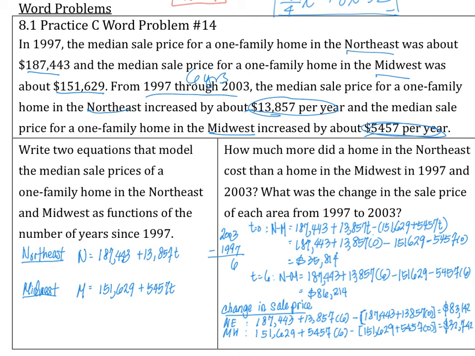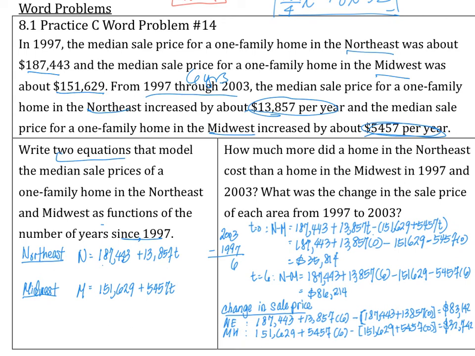So in the first part, you need to write two equations that model the median sale prices of a one-family home in the Northeast and Midwest as functions of number of years since 1997. So for the Northeast, we began with $187,443 in 1997.